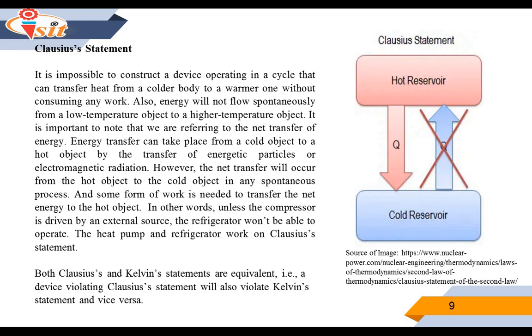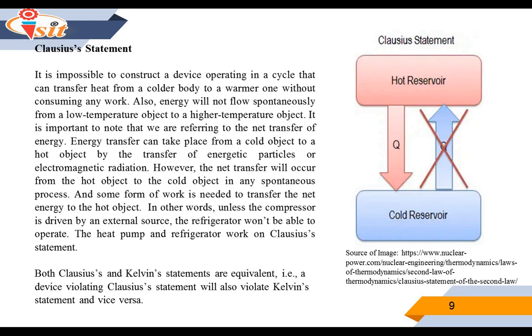Energy transfer can take place from a cold object to a hot object by the transfer of energetic particles or electromagnetic radiation. However, the net transfer will occur from hot object to cold object in any spontaneous process, and some form of work is needed to transfer net energy to the hot object.